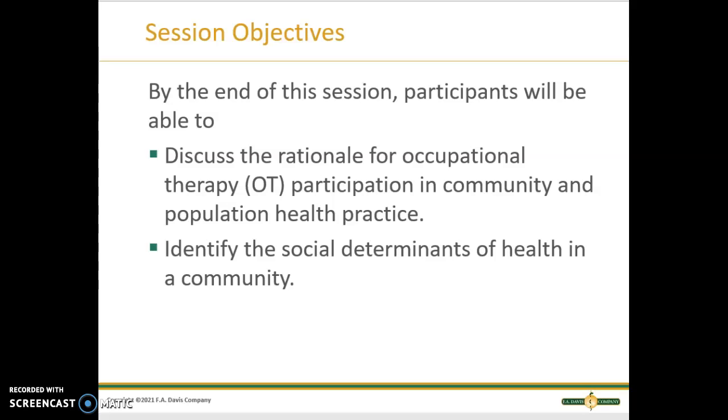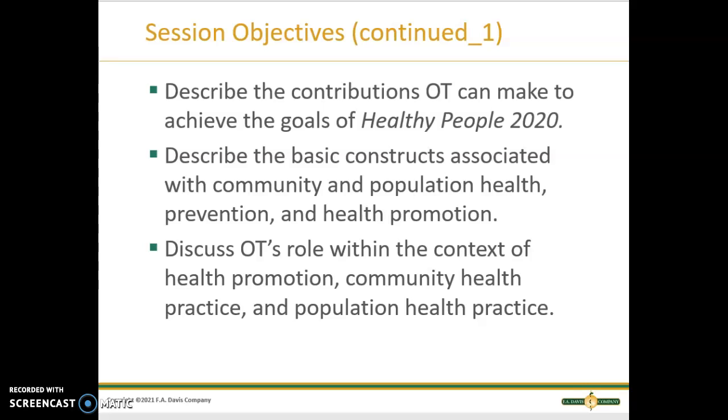By the close of today's session, you should be able to discuss the rationale for occupational therapy participation in community and population health practice, identify the social determinants of health in a community, describe the contributions OT can make to achieve the goals of Healthy People 2020, describe the basic constructs associated with community and population health prevention and health promotion, discuss OT's role within the context of health promotion, community health practice, and population health practice.